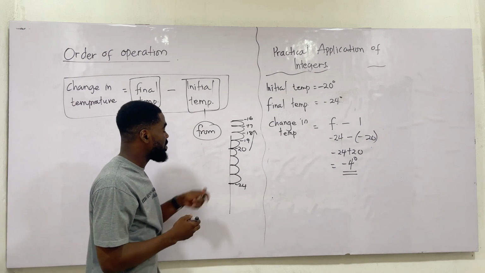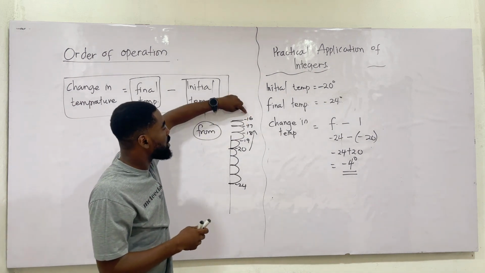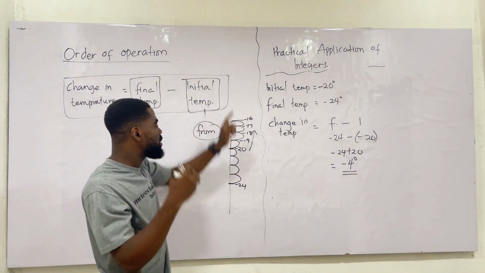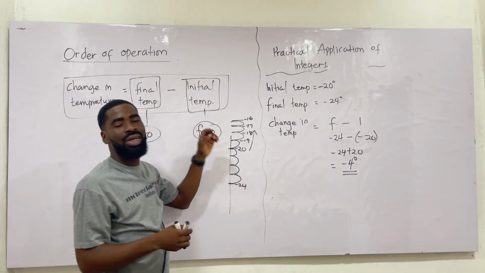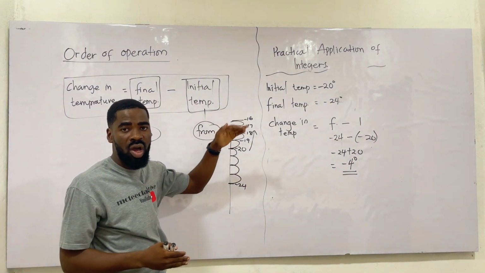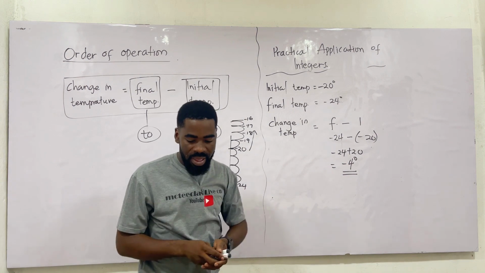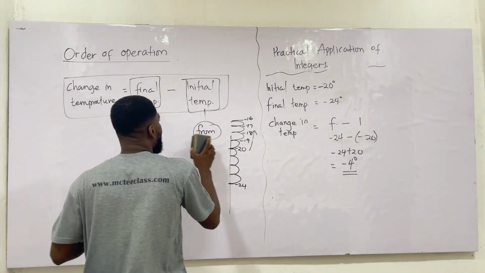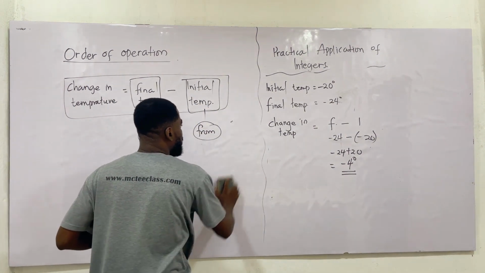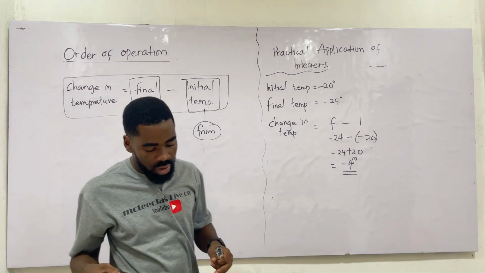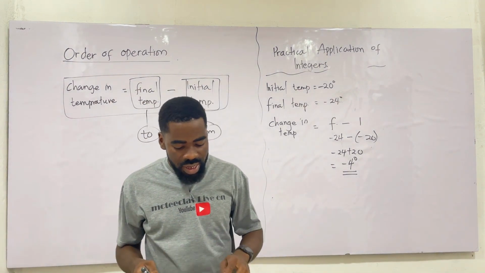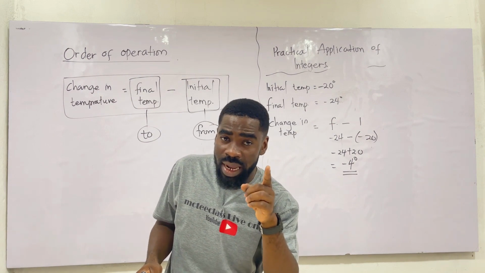If the final temperature was negative 16 and it increased by 4, it will be a positive 4. That is all that we are doing here. I hope you understand. So I was able to identify and do that. Good. The question didn't end there. The question said that afterwards, the reading decreased by. This is what I like.